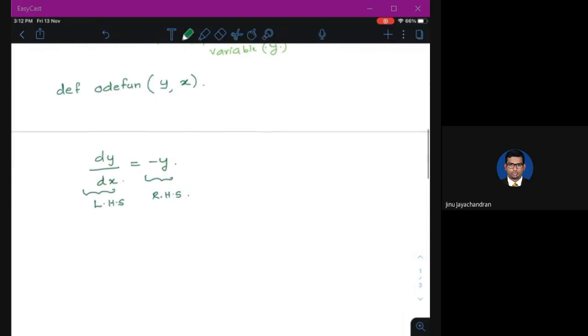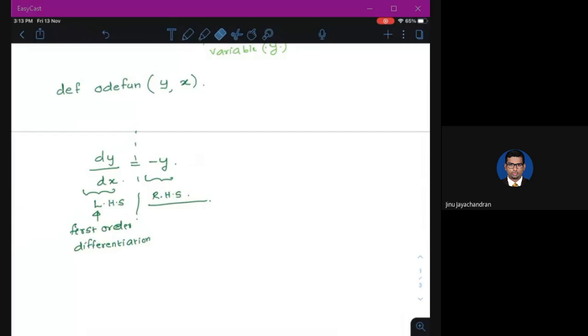So the left hand side should have only a first order differentiation, and the rest should be in your right hand side. Okay, so whatever be the terms, for example, it can be added with some constant, something like 10, that should be in the right hand side. Okay, fine.